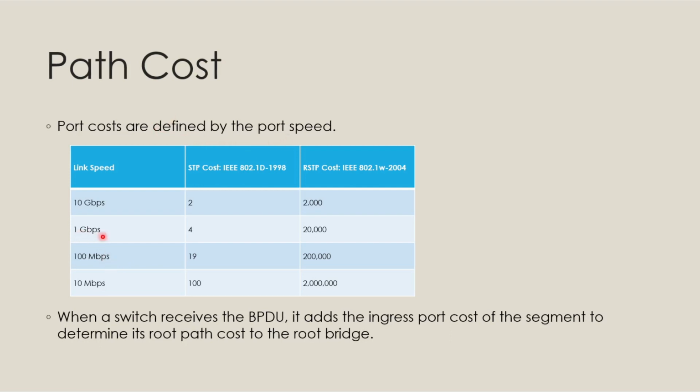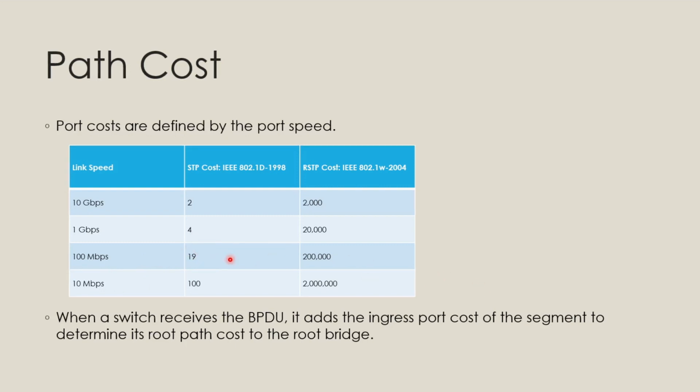For a 1 gig port, the cost of the link would be 4. For a Fast Ethernet link, the cost is 19. The switch uses this to calculate how far the root bridge is from the receiving switch.